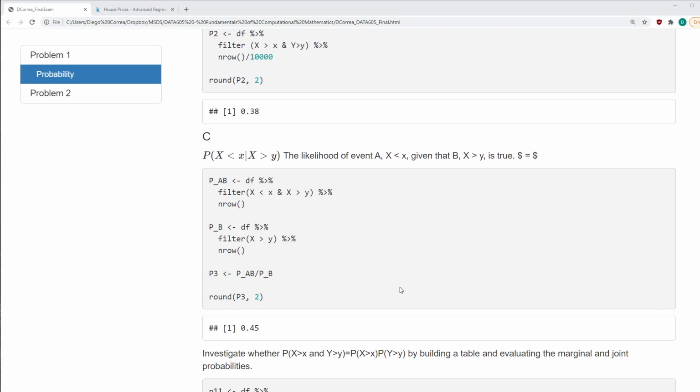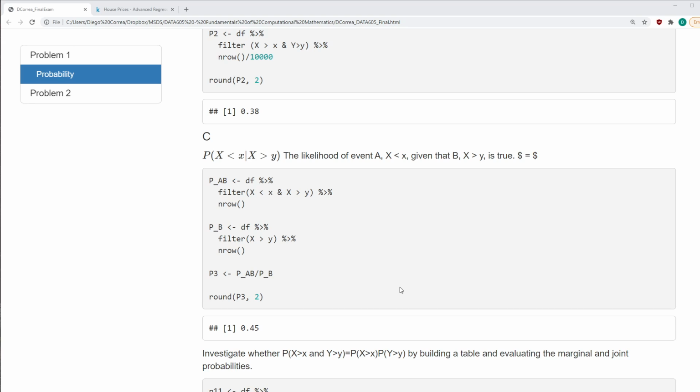Question C. Probability that x is less than the median of x, given that x is greater than the first quartile of y. That is the likelihood of the event A, given that B is true. In order to do that, I filter out the rows where x is less than the median of x and x is greater than the first quartile of y, and I count the rows.